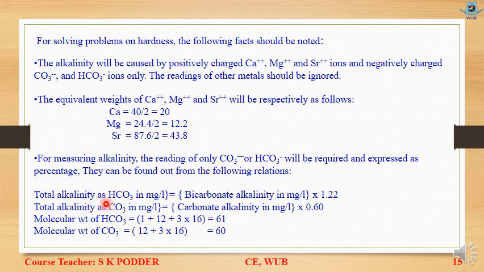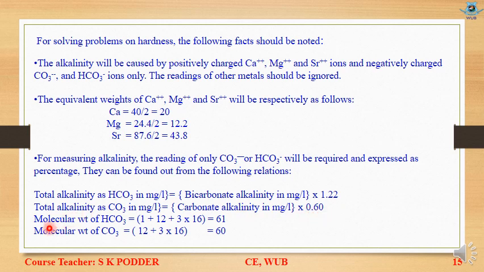Total alkalinity as bicarbonate in milligram per liter is equal to bicarbonate alkalinity in milligram per liter multiplied with 1.22, and total alkalinity as carbonate in milligram per liter is equal to carbonate alkalinity in milligram per liter multiplied with 0.60.